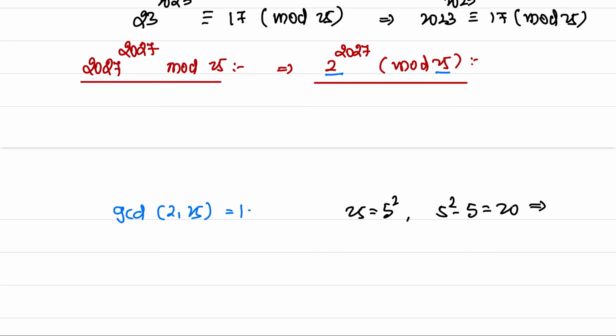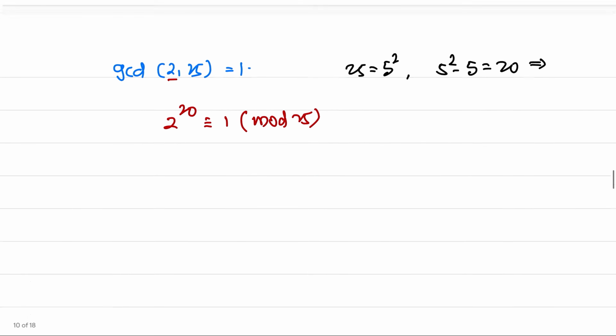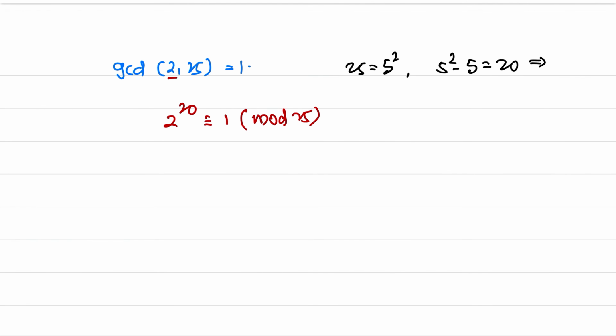It implies from Euler's theorem, 2 to the power of 20 is equivalent to 1 mod 25. The same principle as previous 2023 we have applied here.